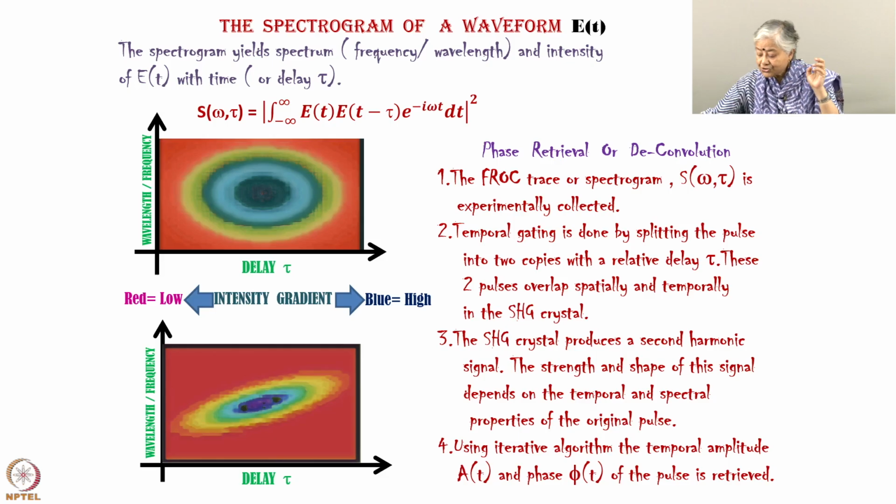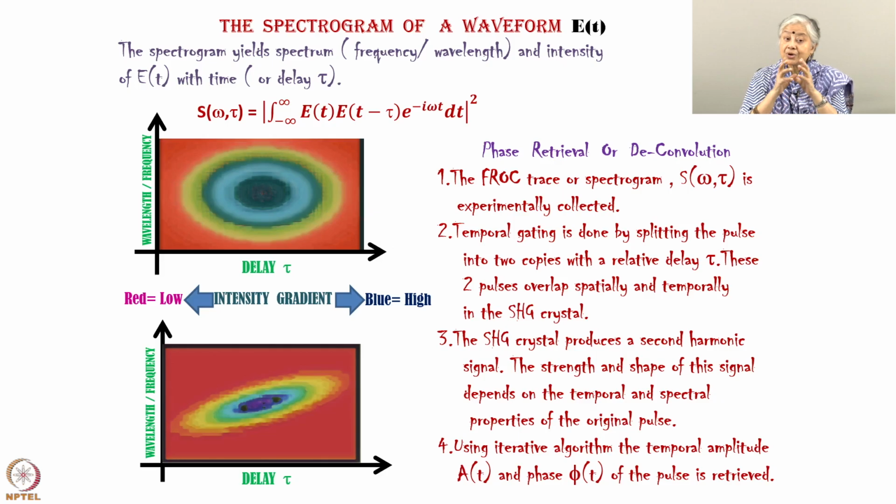And this trace is called the spectrogram or it can be called the FROG trace. The FROG trace or the spectrogram is S(omega, tau) and it is experimentally collected data. So, you have collected all this data experimentally as I have shown before. You have collected the spectrum, you have collected the intensity and you have collected the delay time.